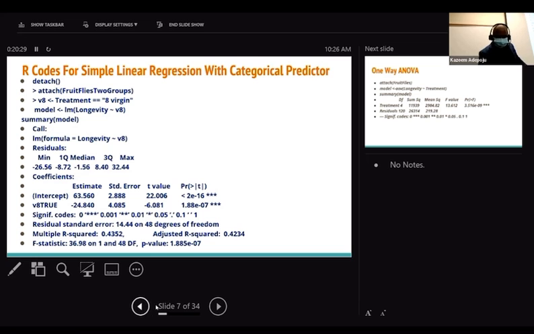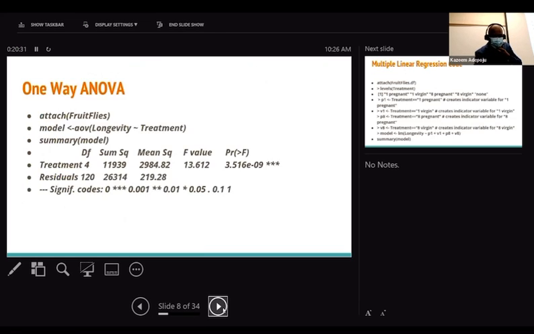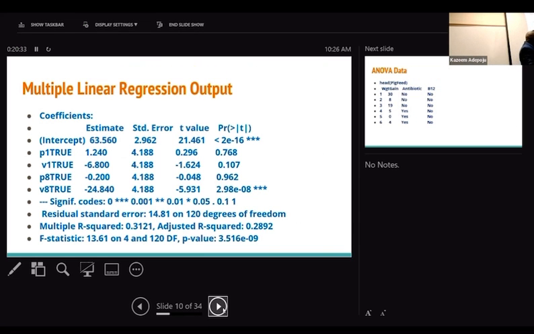Even when I compare with the other one, it is the only one that is significant. Look at that.